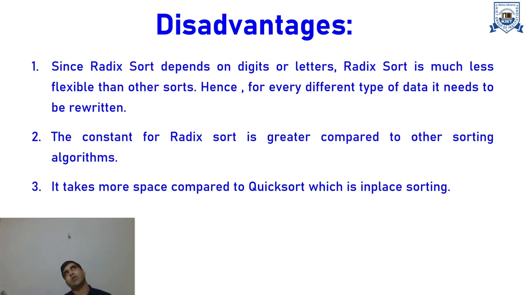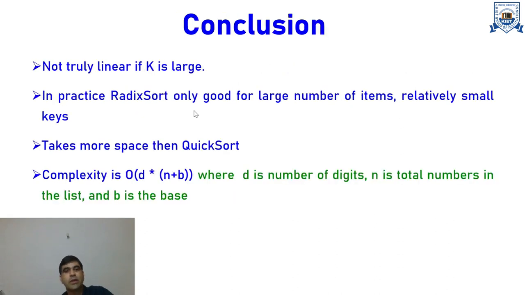If the radix base is 10 for integers, then 10 buckets are required. If you are sorting strings, then 26 buckets are required. If you are sorting alphanumeric data, then around 26 plus 10 buckets are required, and then an array is required to store the values also, so more memory is required, right?